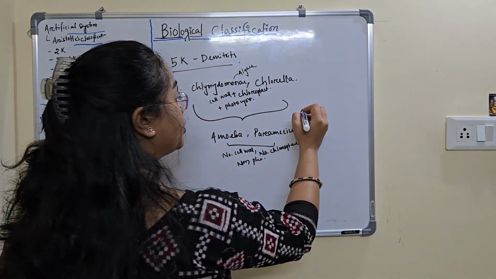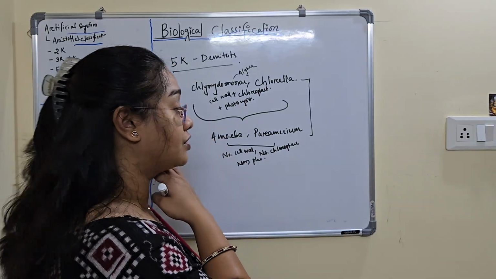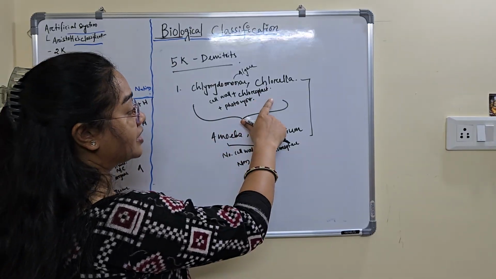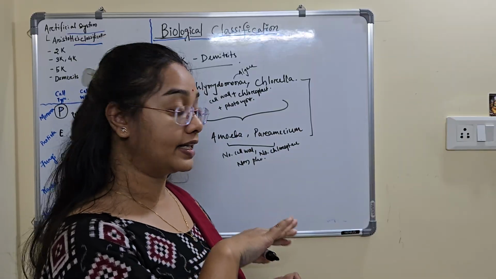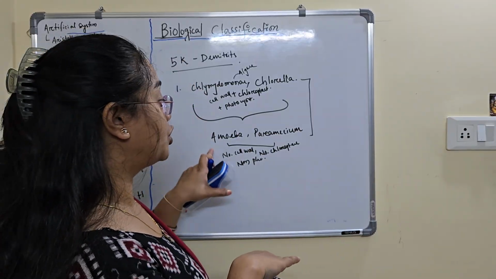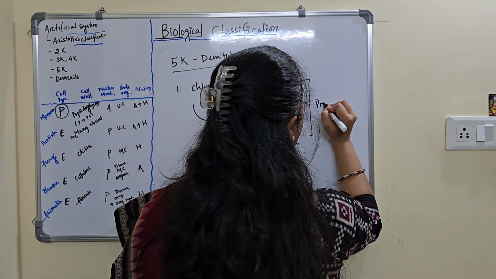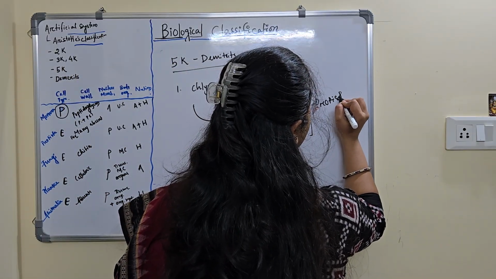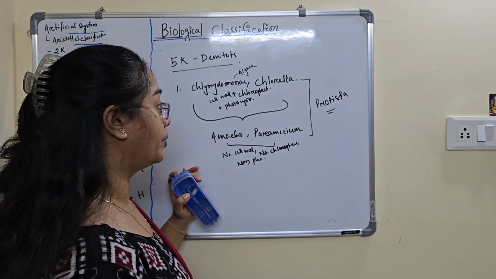So this is a very important drawback of this 5 kingdom system of classification, where the Chlamydomonas and Chlorella, which were earlier placed in the separate group of the plant kingdom, have now been put together with amoeba and paramecium in kingdom Protista. Okay, so this is a very important drawback.